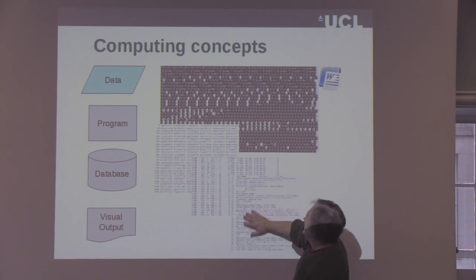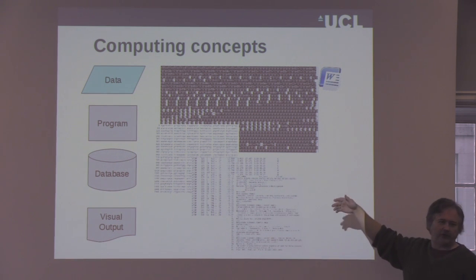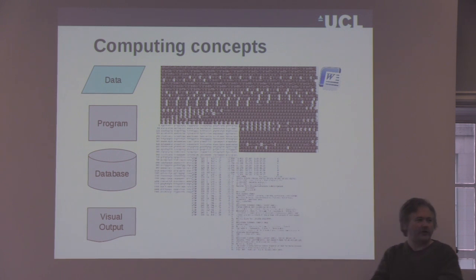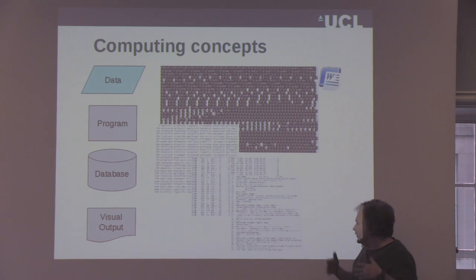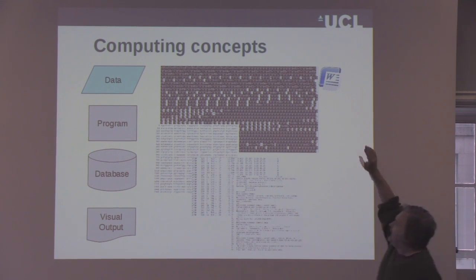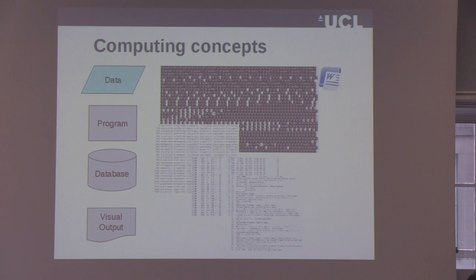And this is a header from a Swiss-Prot file giving you information about protein sequences. This is all the annotation that goes with it in terms of authors, all that sort of thing. Those are all data files, as is that, which is pretty meaningless, and it's encoded in a way that the computer can understand, but you can't.